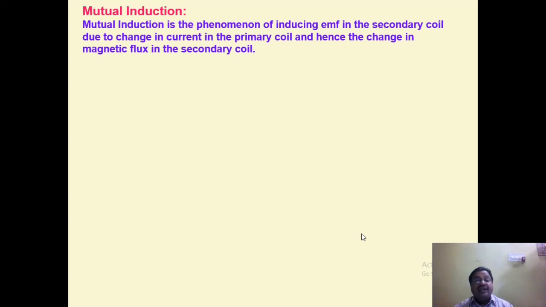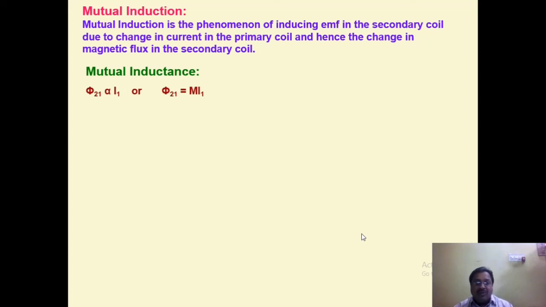To repeat it again, mutual induction is the phenomenon of inducing EMF in the secondary coil due to change in the current in the primary coil, and hence the change in magnetic flux in the secondary coil. So, what is a primary coil here? The primary coil is the circuit or coil in which current is changing, and the secondary coil is the circuit or coil in which EMF is induced.